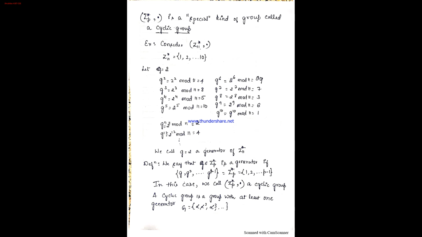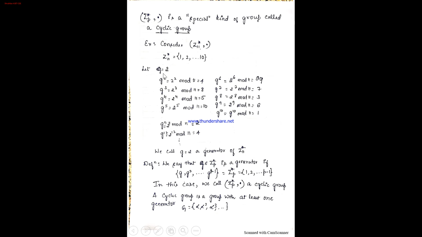When will I call a group a cyclic group? If it has at least one element which can bring back all the elements in the set, then I can call that value a generator. For example, if I take Z11 star, I'll have the values from 1 to 10, and all these values are relatively prime with 11.